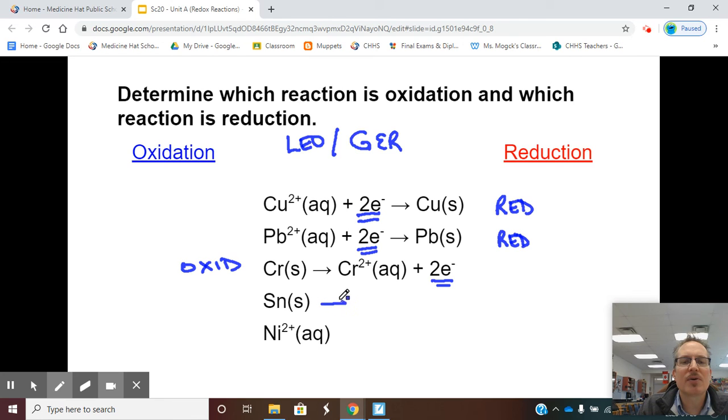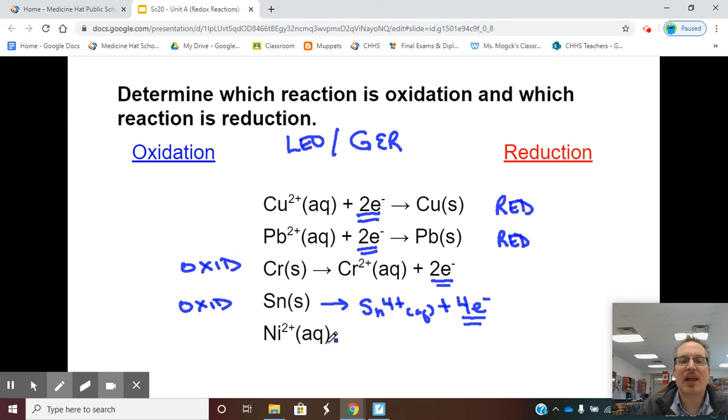So we know by looking up, we'll just take the most common charge. It goes to Sn 4 positive aqueous. 1 Sn, 1 Sn, no charge. 4 positive plus 4 negative electrons. 4 positive plus 4 negative, no charge, no charge. In this example, since we are losing electrons, they're leaving the reaction, this is going to be oxidation.